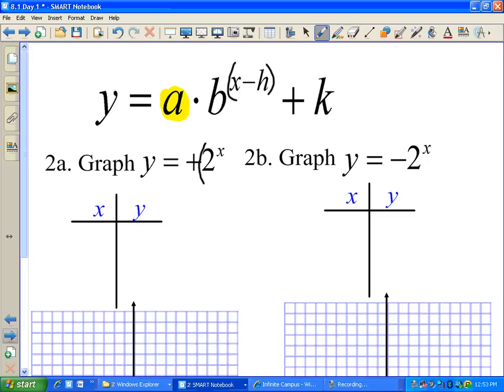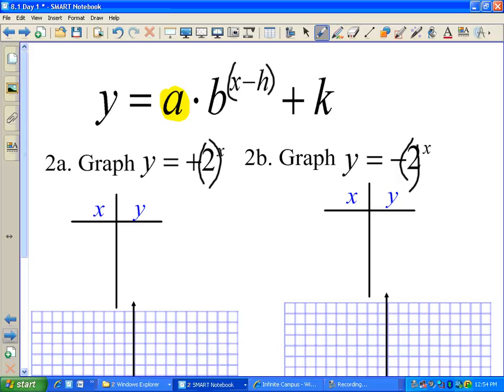Here I have a positive 2 to the x and a negative 2 to the x. Remember the way that exponents work. The exponent works on the number or variable just to the left, which means it's just the positive 2 that's being taken to the exponent.